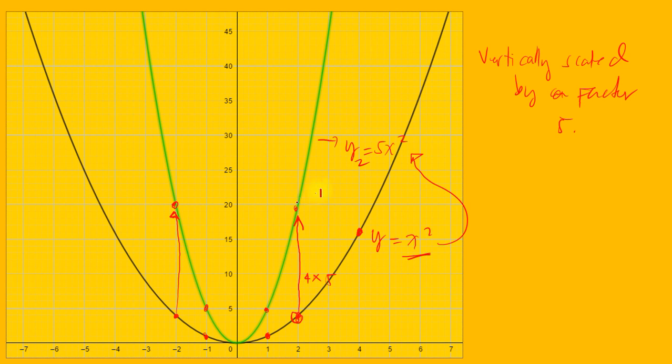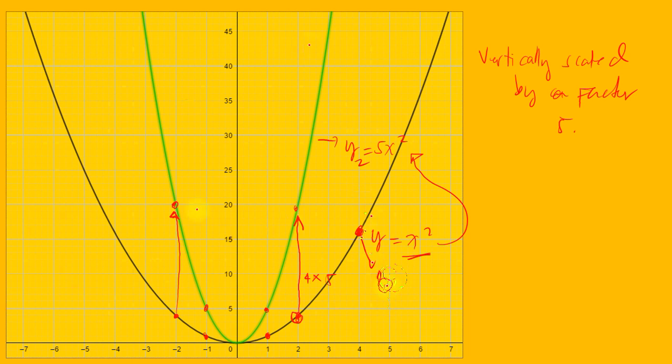So imagine this is 16 on x squared. Since the y value is 16, at 4, 16. If we're going to locate that point on the green graph, y equals 5x squared, we simply multiply the 16 by 5.